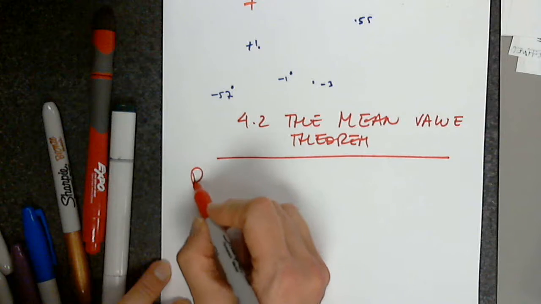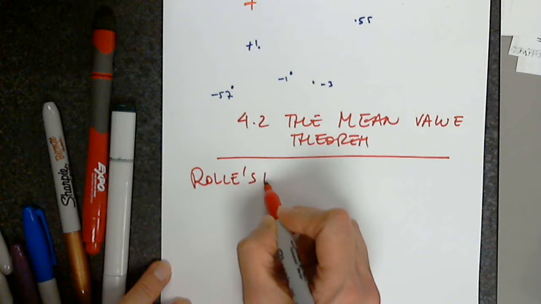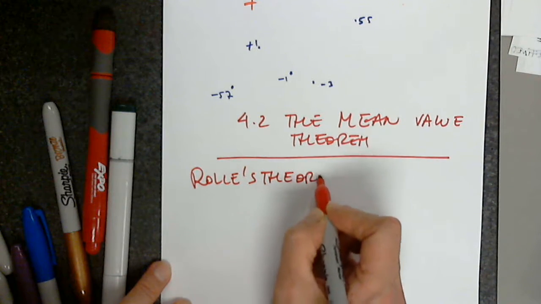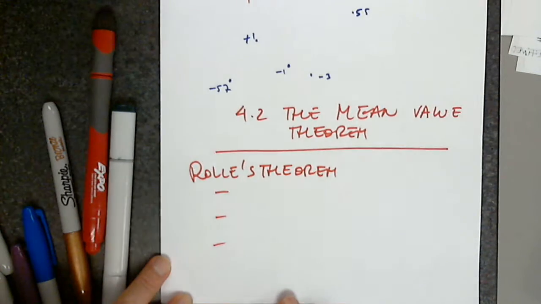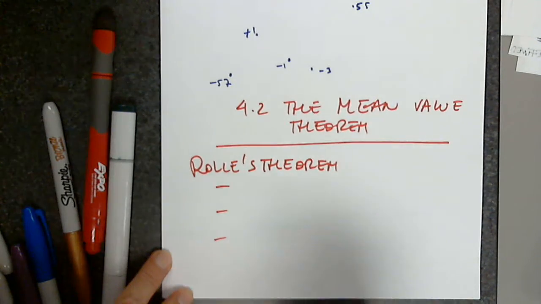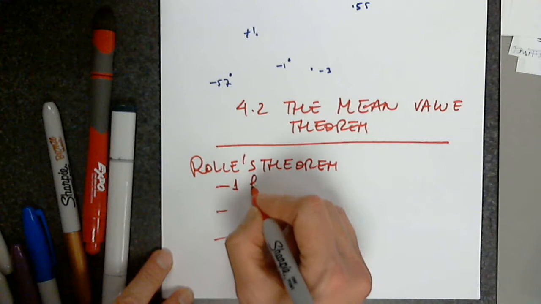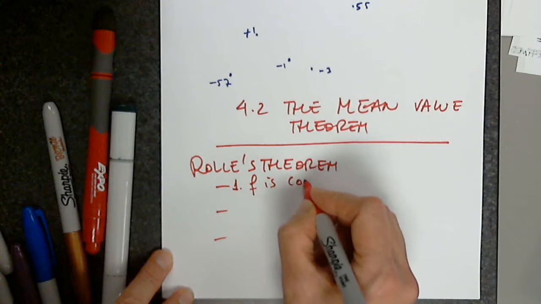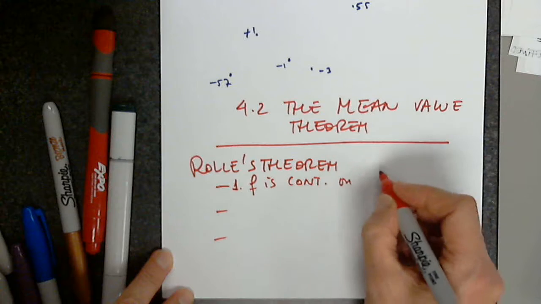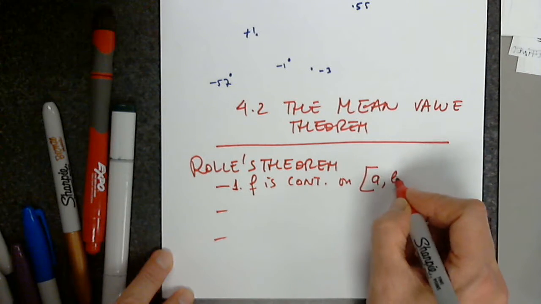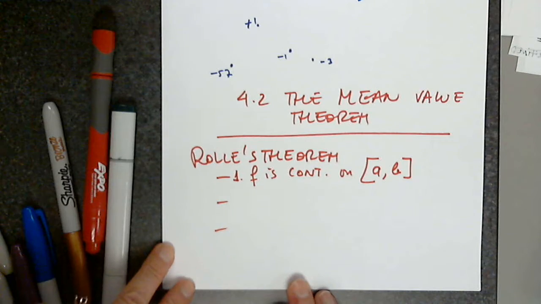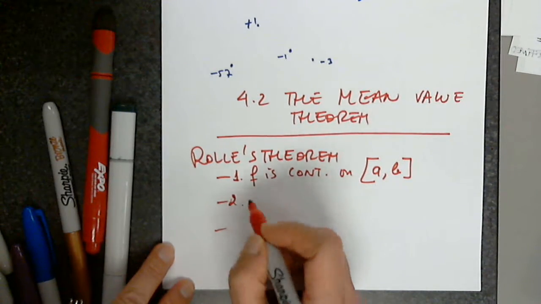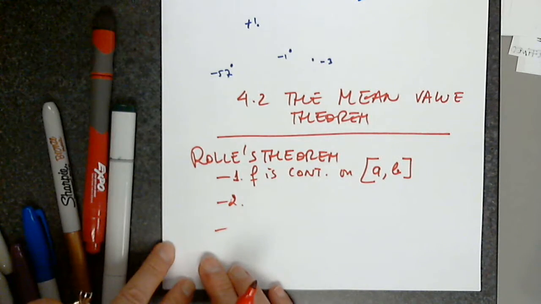First, let's discuss Rolle's theorem. Three conditions have to be fulfilled for Rolle's theorem. The first condition is a function is continuous on the closed interval [a, b]. That's the first hypothesis.